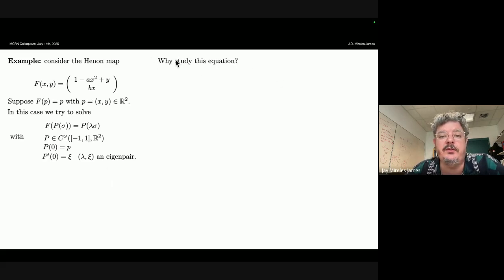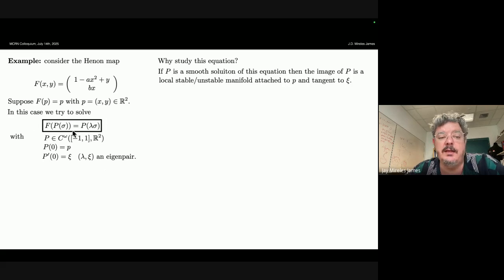Now, why is this a good equation to study? I haven't really convinced you of that yet. So let's think about this for a second. The claim is that if we could find a solution of this equation, then we have actually found a parameterization of a local stable manifold attached to p and tangent to this eigenvector.